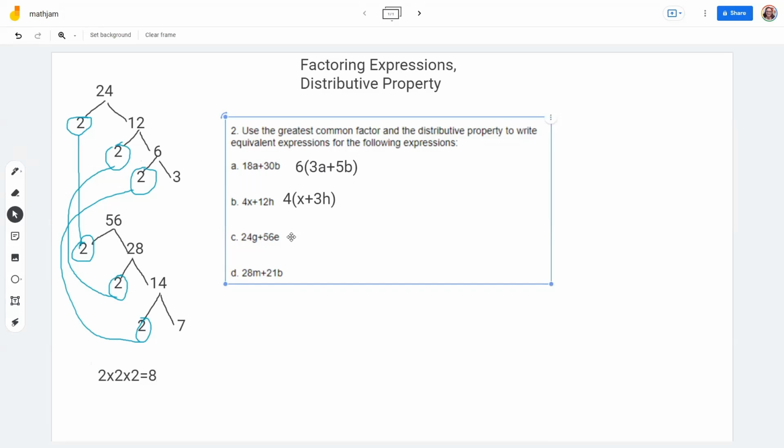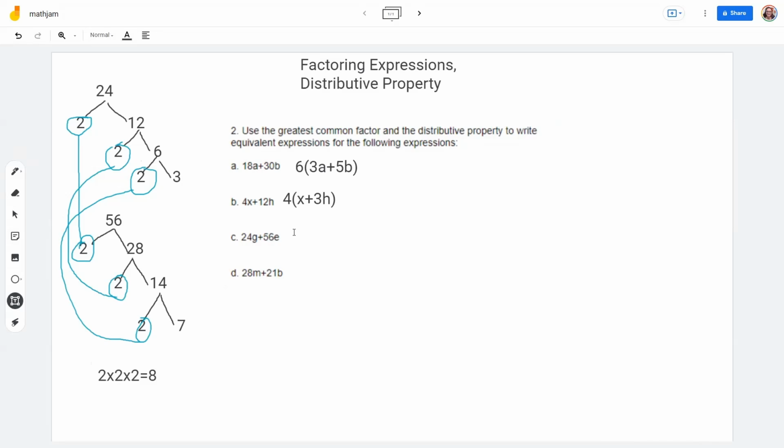Make sure to do the math correctly. Okay, so that means that when we come over here, we're going to write down our 8, because that's what we're going to start with. Now, 8 times what equals 24? Well, that's 3. So we'll put our parenthesis. We can write 8 times 3g plus, let's see, the 56. How many times does 8 go in there? That's going to go in 7 times.